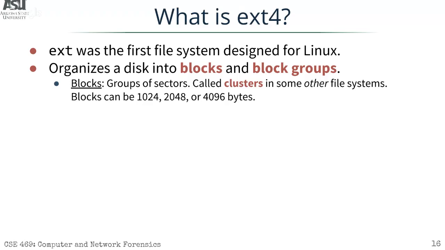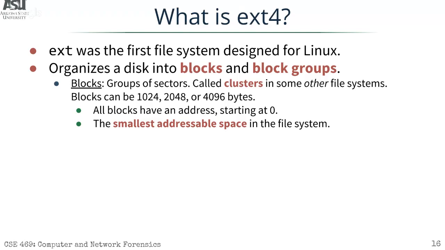Blocks are always going to be 1024, 2048, or 4096 bytes. I haven't seen an installation of ext4 that doesn't have 4096 block sizes. That's very common. So all blocks have an address that starts at 0, and a block is the smallest addressable space from the file system's perspective.